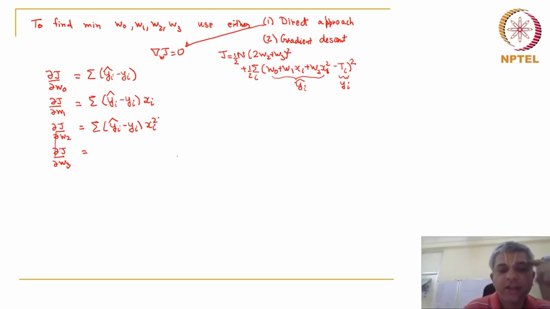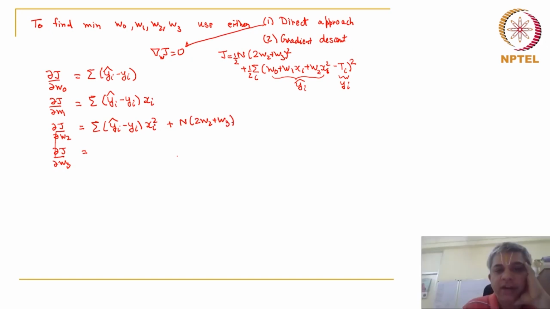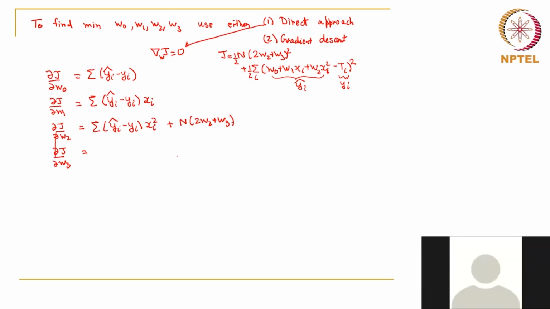So what do we get? 2w2 plus w3. Is that it, or do we get another factor somewhere? We get another 2, another into 2, sir. Another 2.